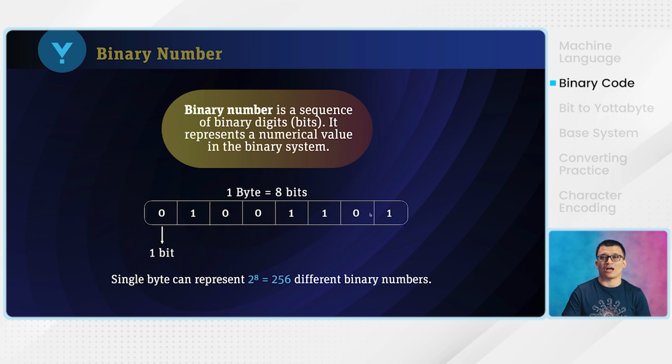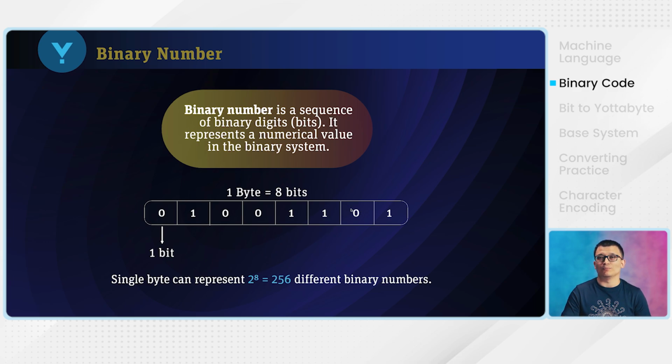Let me quickly show you how it's calculated. If all those 8 bits contain the value 1, not zeros but 1, then all those 8 bits will have a decimal value. Starting from left to right, the first bit has the decimal value of 1, and then starting from the second bit, each bit is multiplied by 2.